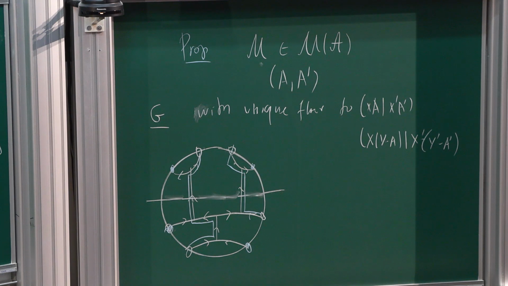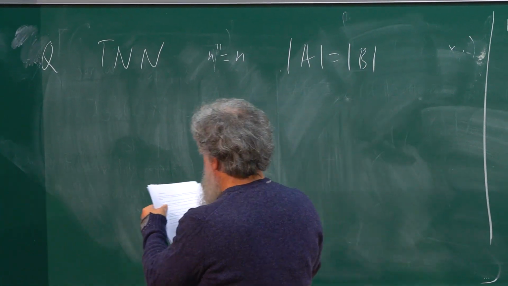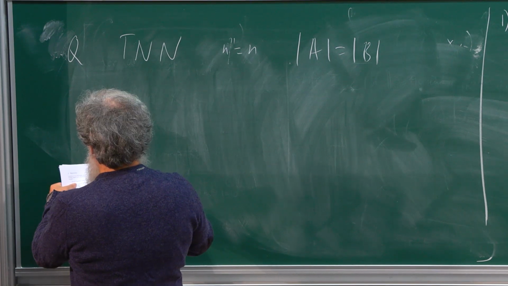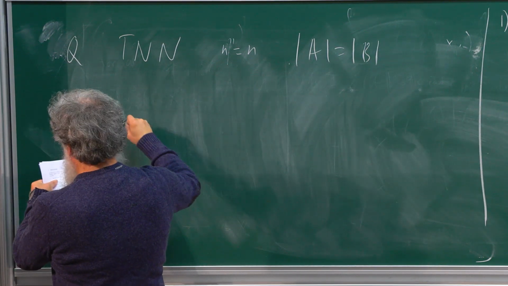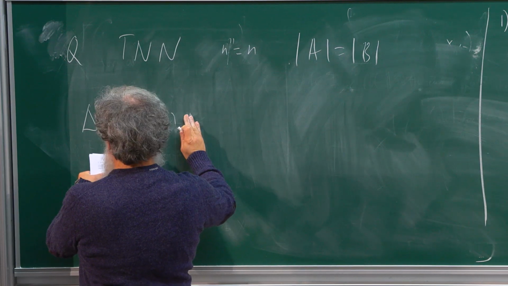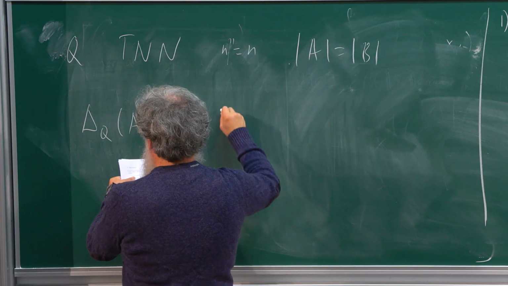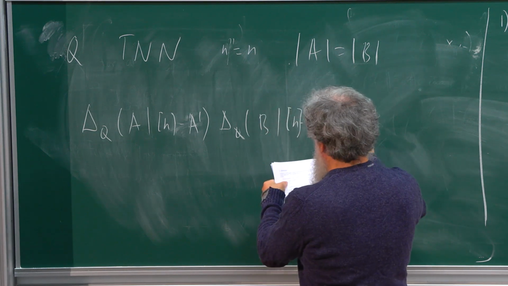If we have a TNN matrix, a square matrix, so n prime is equal to n, and we take two sets of rows, then we define Q of A, n minus A, delta Q of B, n minus B, and it's greater or equal.